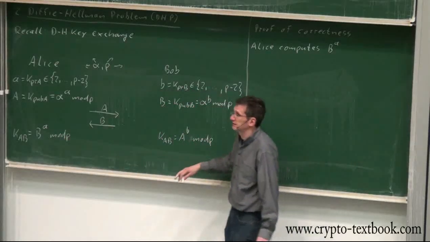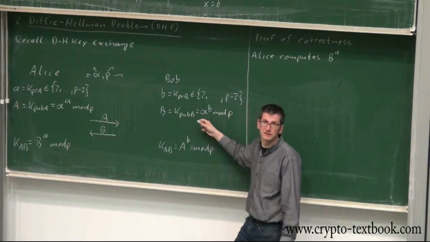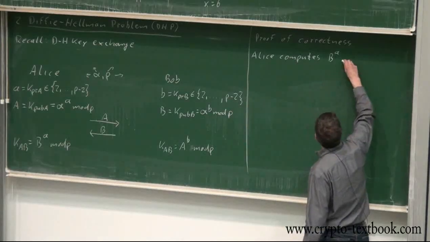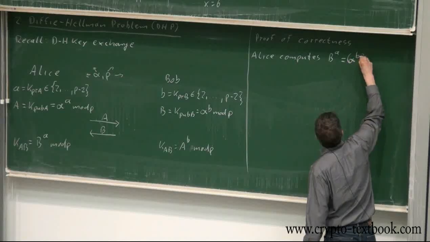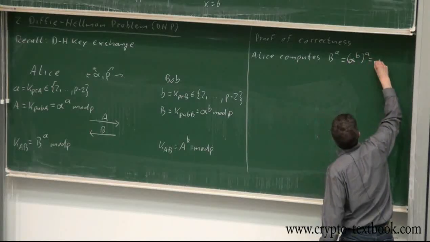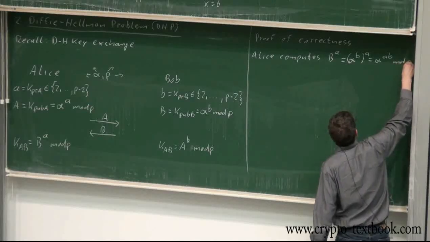Well, let's see where B is coming from. B is coming from here. Bob computes B in this way, so we simply substitute that. So we get alpha to the B to the A, so this is obviously alpha to the AB mod P.